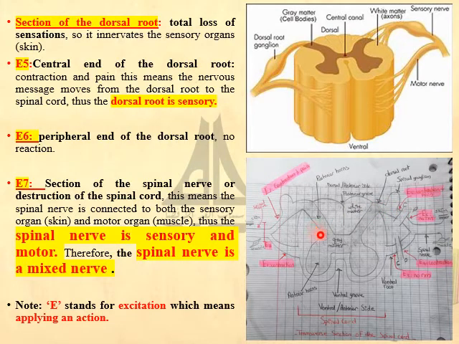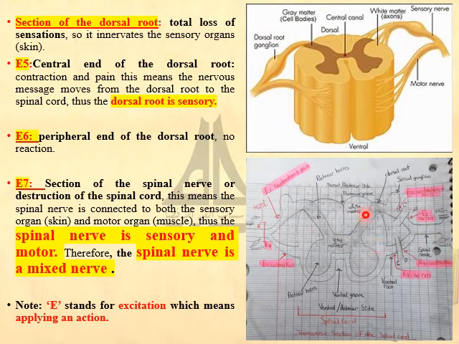If you have a look at the drawing, you can understand that the message moved from here, entered the spinal cord, then through the ventral root it reaches the muscle, and the muscle performed contraction. So once the central end was stimulated, the muscle reacted by contraction. And there was also pain, which means that the message was taken into the spinal cord, analyzed, and ensured the pain sensation, and then a reaction was performed and reached the muscle.